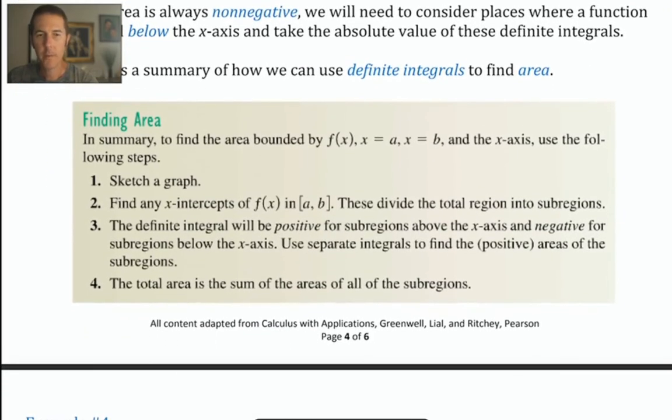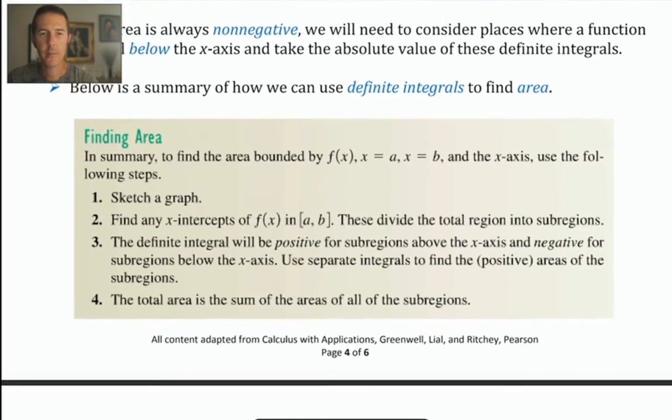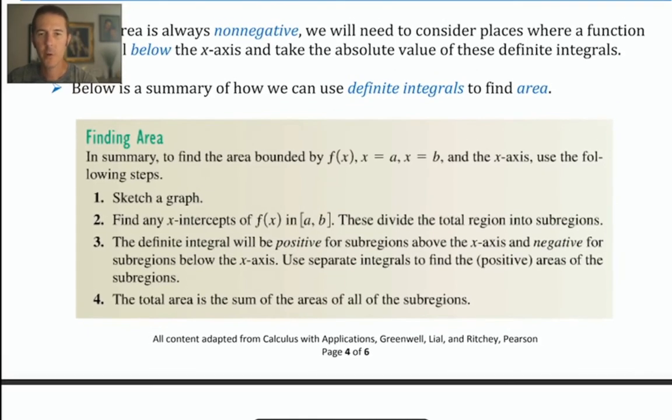So what this says in this tan colored box is if part of your curve does dip below the x-axis, you're liable to end up with some negative area. And we don't really want to consider area as being negative. I really want it to look like I ran 4 miles out and 4 miles back, and I want to get an answer of 8. I don't want to get an answer of 0.